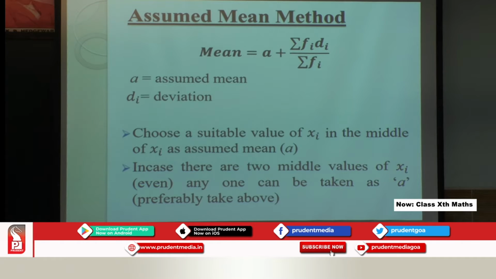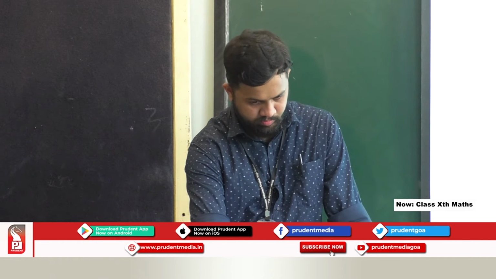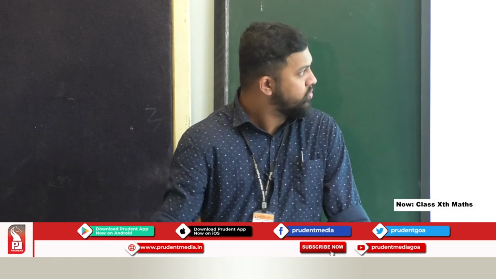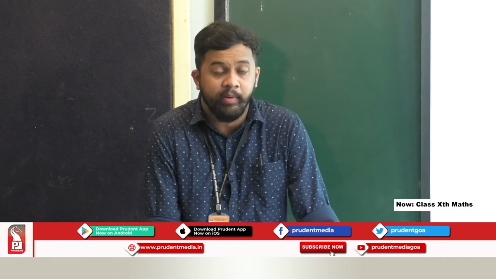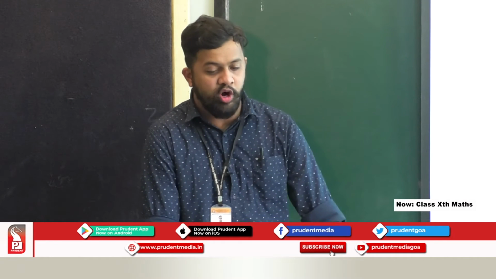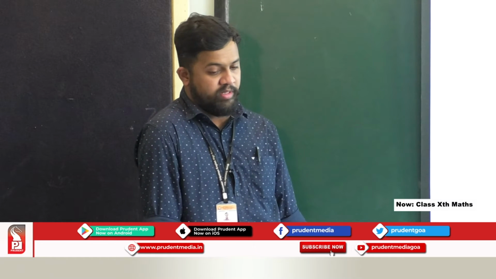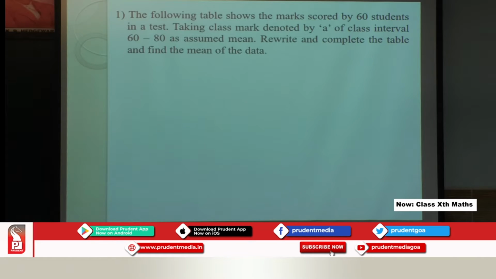Let's take the first problem. The following table shows the marks scored by 60 students in a test. Taking the class mark denoted by a, that is the assume mean, of class interval 60 to 80 as the assume mean, rewrite and complete the table and find the mean of the data.